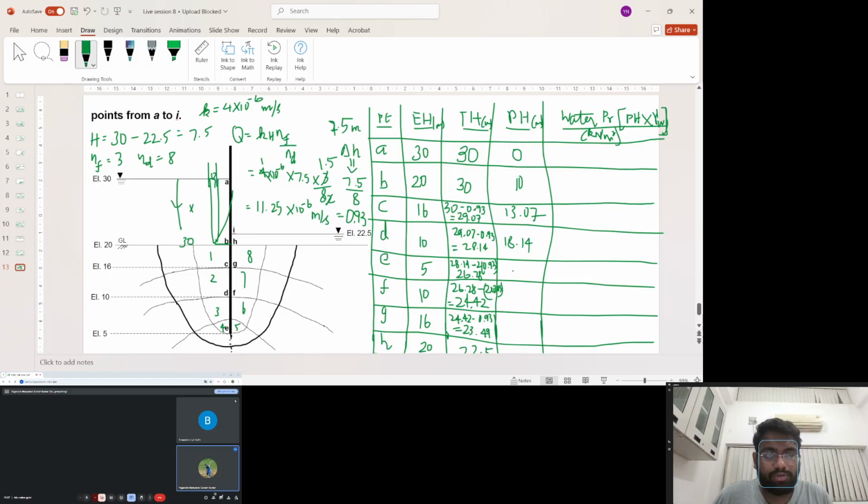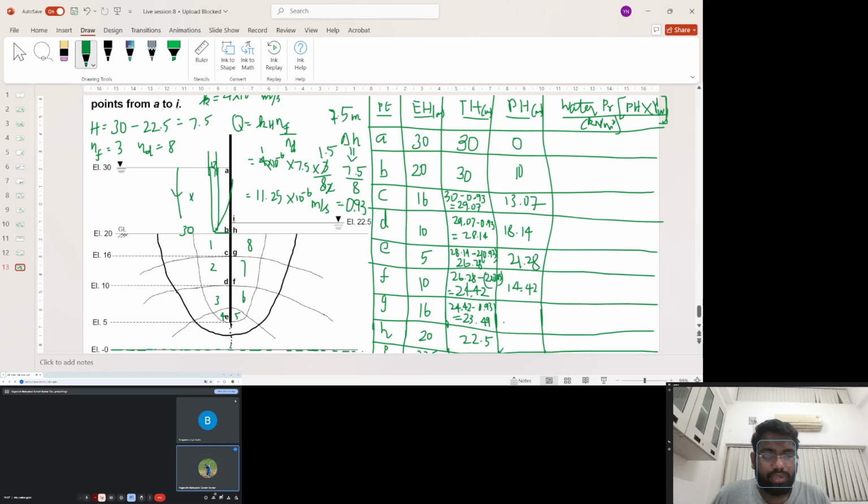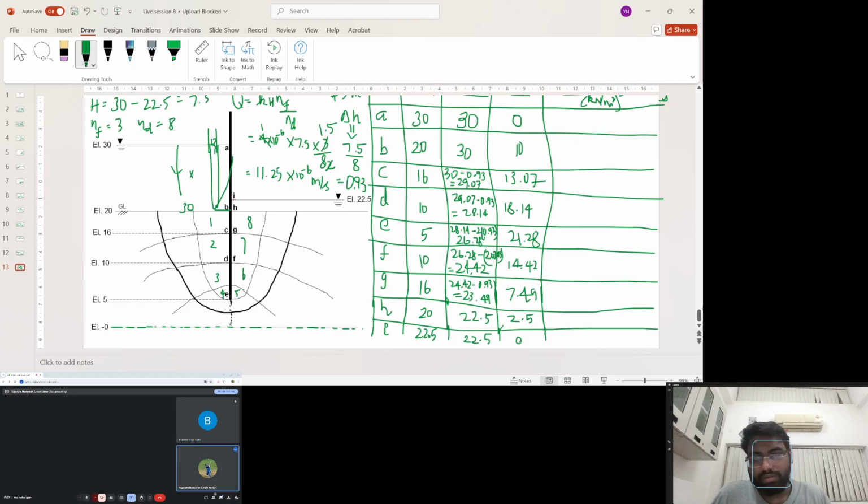Here 26.28, it will come to 21.28. Again now it comes to 14.42. Now it comes to 7.49. And now it comes to 2.5. And this comes to 0.